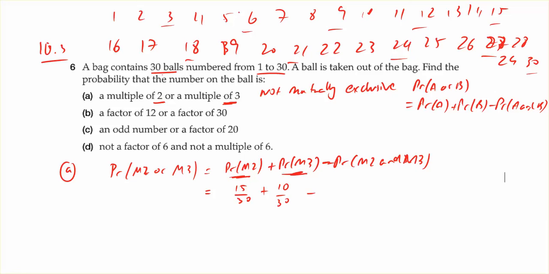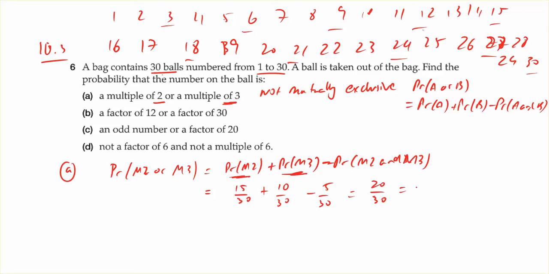And what is multiples of 2 and 3? It will be 6, 12, 18, 24 and 30. So 5 out of 30. So you should get a total of 15 plus 10, which is 25, minus 5 is 20 out of 30.